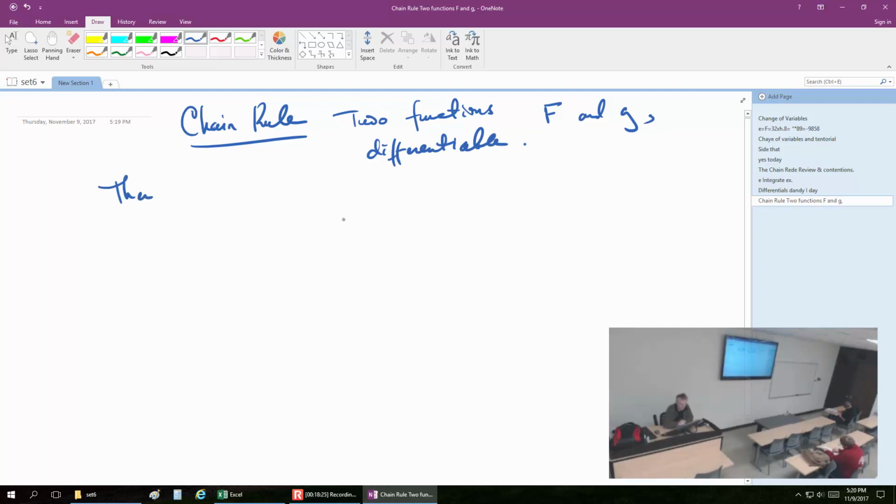Then, by the chain rule, I can differentiate the composition. Its composition I differentiate, and it will be f prime of g of x times g prime of x. That is the chain rule.